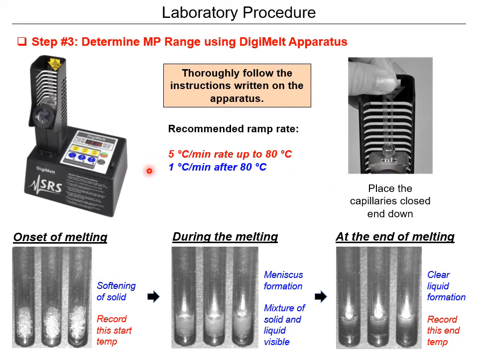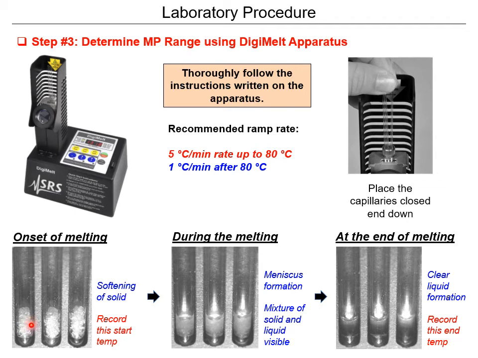You want to start off by having a quick ramp rate so you can reach close to the temperature that you need. Then after that, you change your ramp rate down to about 1 degree Celsius per minute. And you'll start recording temperatures. So you start recording once it starts looking like it's kind of turning into liquid.